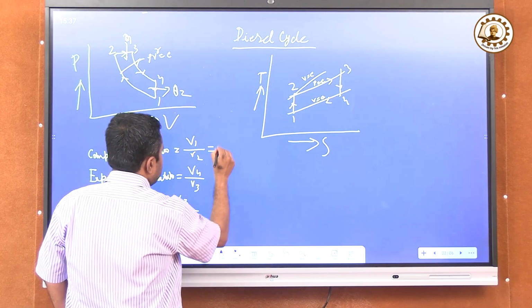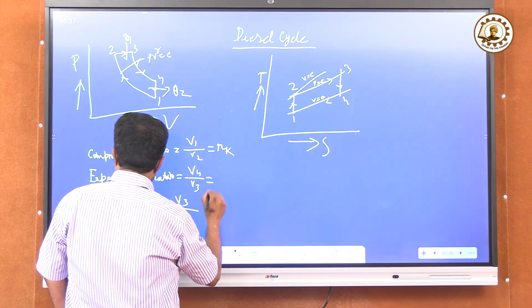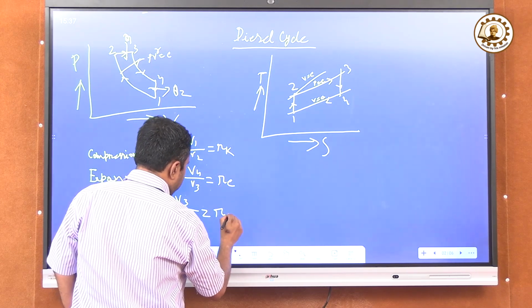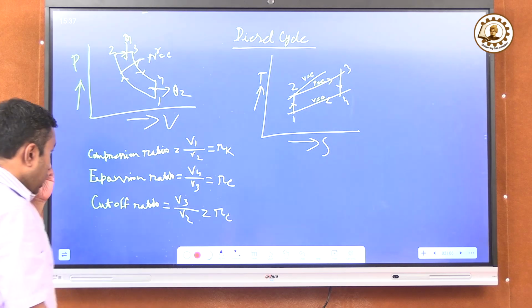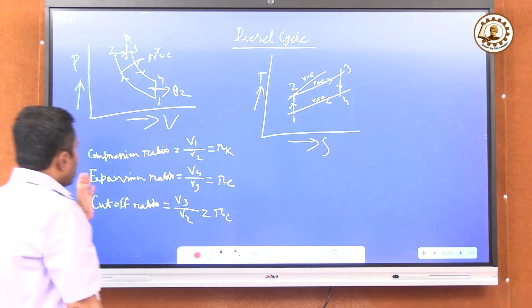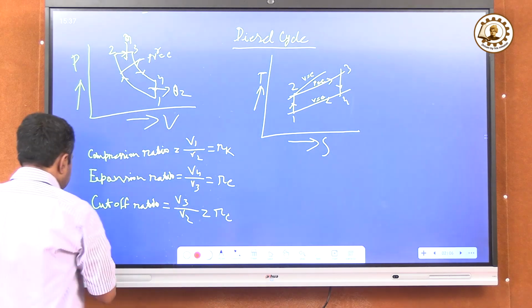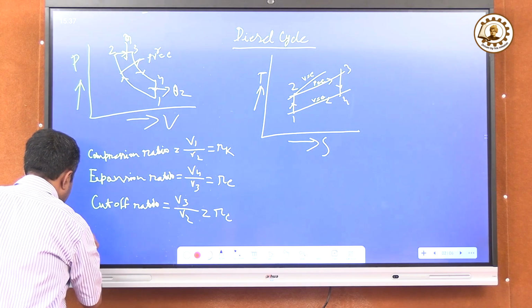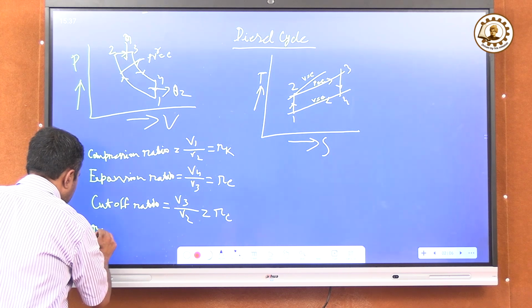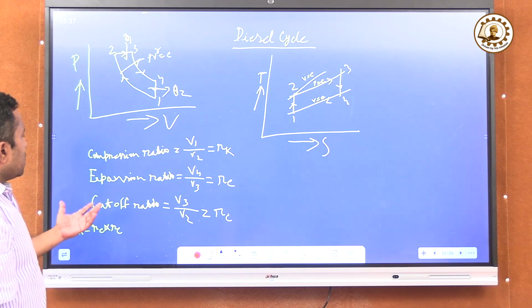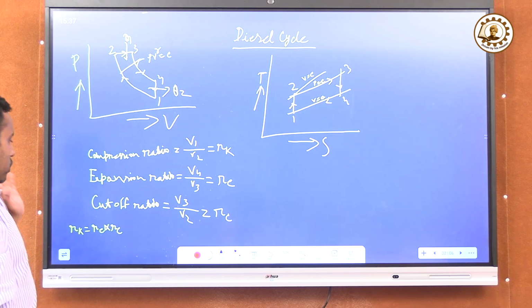The compression ratio is denoted by RK, the expansion ratio is denoted by RE, and the cut-off ratio is denoted by RC. Now, we try to look at the relation between them. It looks like RK is equal to RE times RC. I said that, but is it correct or not?